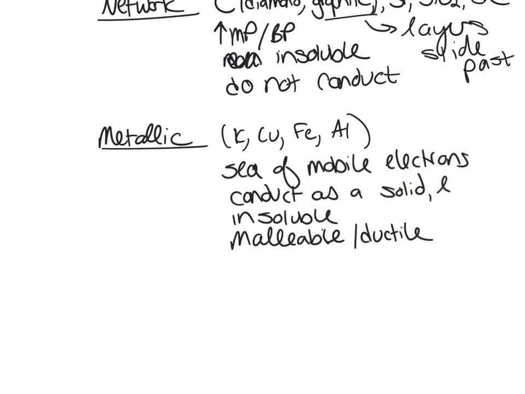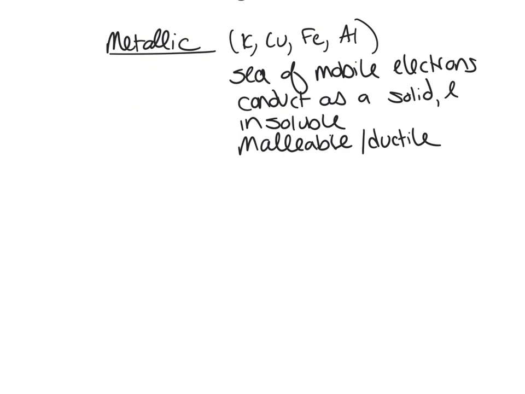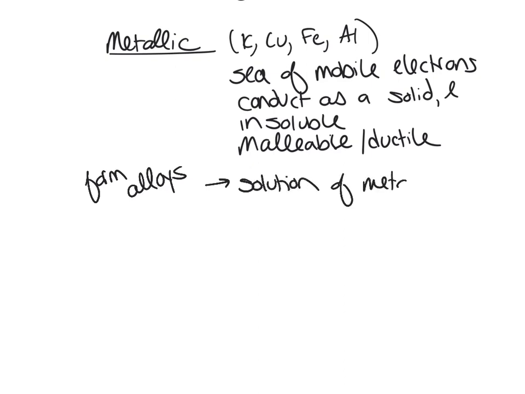Metallic things sometimes form alloys, and there's a little bit that you need to know about alloys. We'll talk about this again in class. An alloy is a solution of metals, so it's like a solid dissolved in a solid.